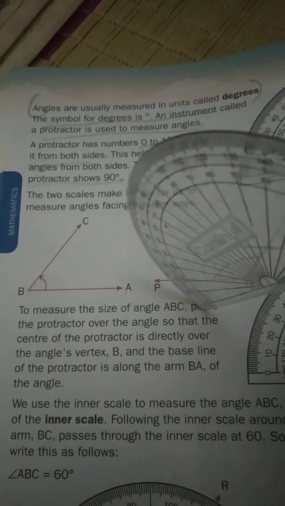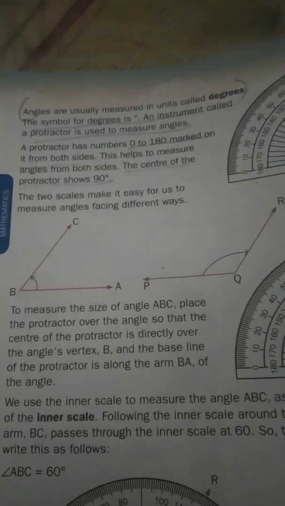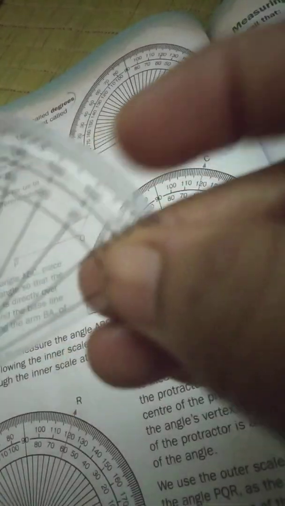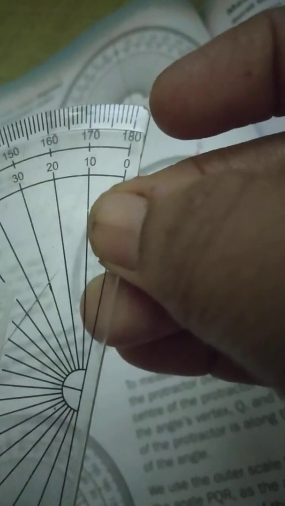Before measuring, the protractor has 0 to 180. Here is 180, and here is 0 degrees. So from 0 to 180 will be there. See here, this corner is 0.